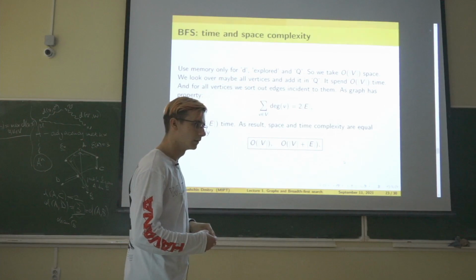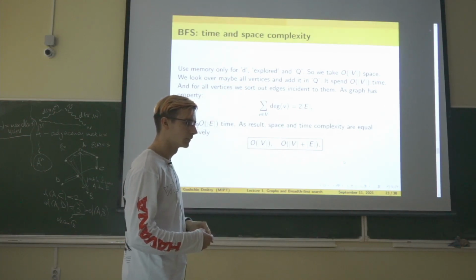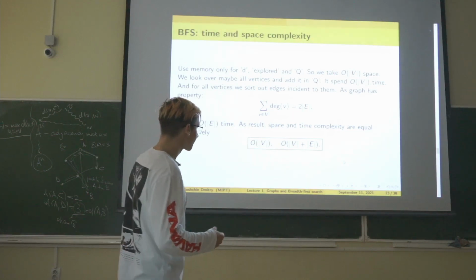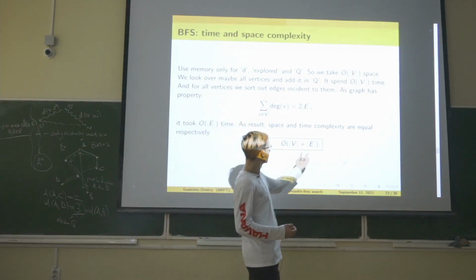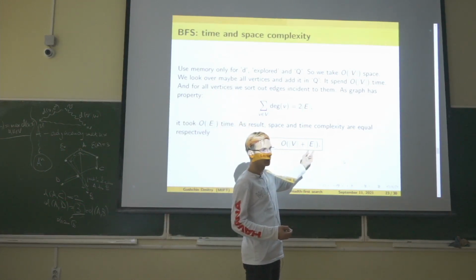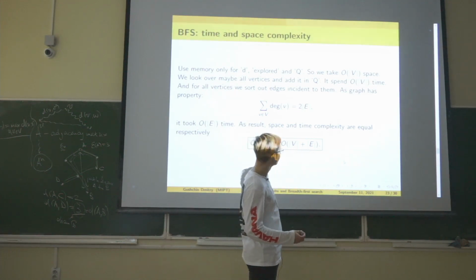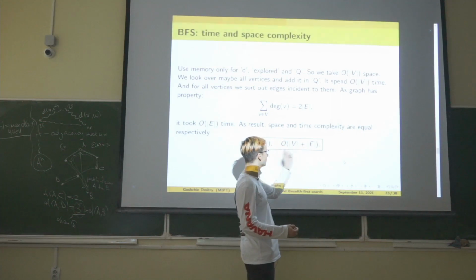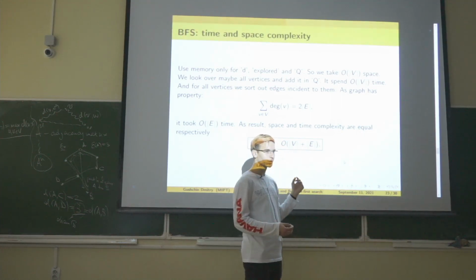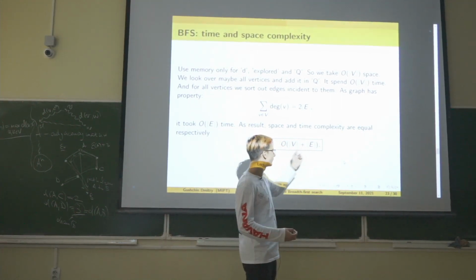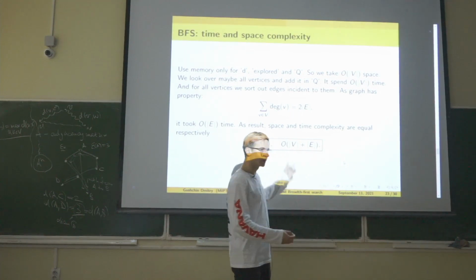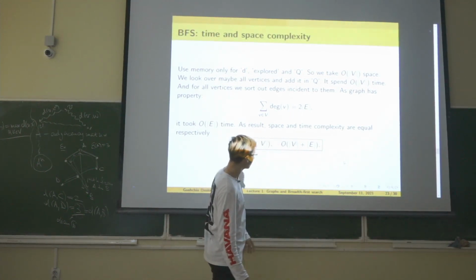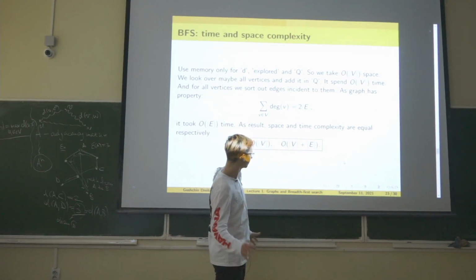Is it linear or quadratic? Of course, if we have a sparse graph, where the number of edges is linear in the number of vertices, the upper bound says that we have a linear approximation in big graphs.